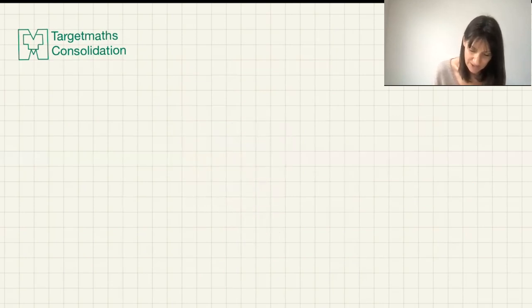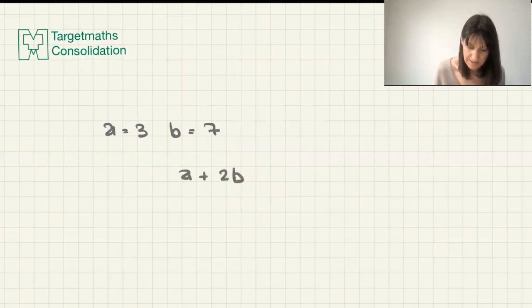Okay, so our next question, A is going to equal 3, B is going to equal 7. Work out A plus 2B. So hit pause and press play when you're ready.